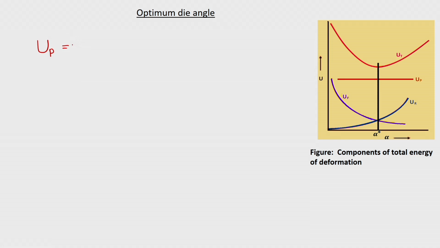We can say energy for homogeneous deformation, where there is no friction, there is no redundant deformation. You just pull it, and from that you find out for a strain how much is the energy required. So, that is the UP.